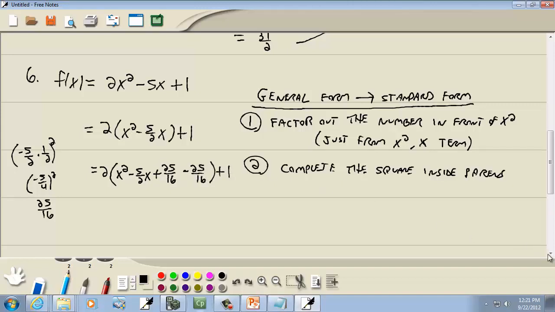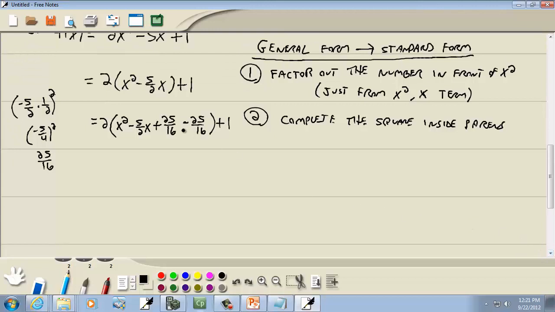Now, if you're happy with the vertex formula up above, just stick with that. You don't need to do this. Now, if you love math, then you should be really enjoying this part. We're going to group the first 3 terms together and group the last one by itself inside the parentheses.